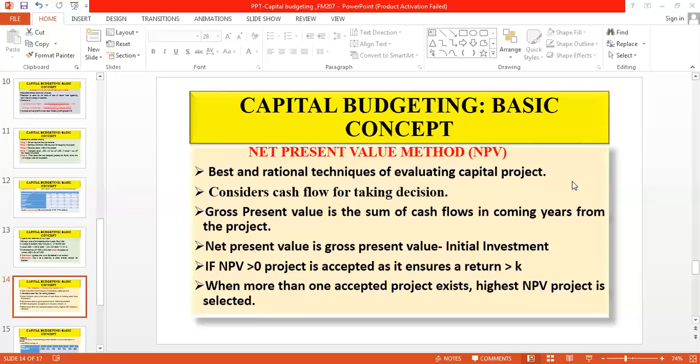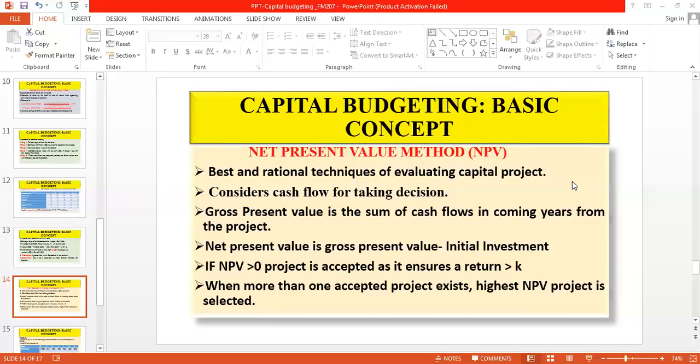So the question is, what is the cutoff rate? That we have already discussed in detail in our previous chapter, which is cost of capital. In cost of capital, we have calculated the minimum required rate for each individual source, and then we have calculated the average value, which is called weighted average cost of capital, and that WACC is our cut-off rate, the minimum required rate that a company must earn.